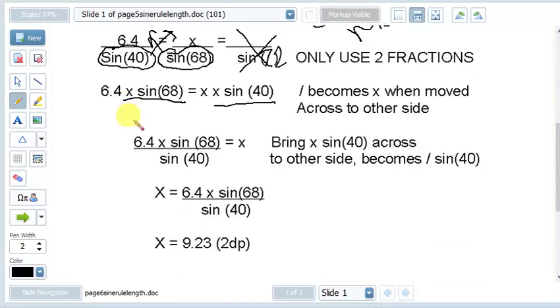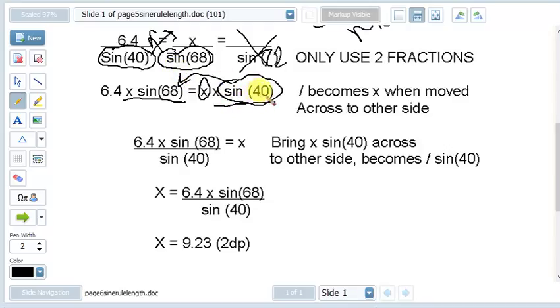Okay, so now we've eliminated the fraction and we've got all of our things on one line. Now we're trying to get our unknown by itself, and our unknown is this x here, and it's x times sine of 40. So 6.4 times sine of 68 is on this side, so we've got to bring over the other known, because if you were to put sine of 40 into your calculator, you would get a number.